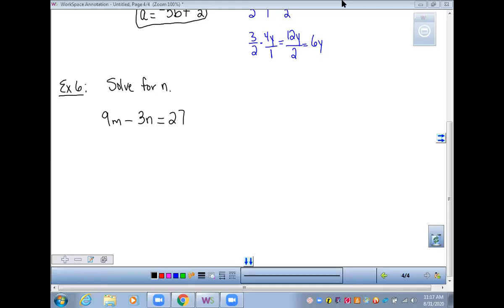All right, so let's talk through it. How do we start solving it for n? Subtract the 9m, good. Minus 9m from both sides. So that gives me negative 3n equals, are these like terms? No, so we're just going to leave them as 27 minus 9m.